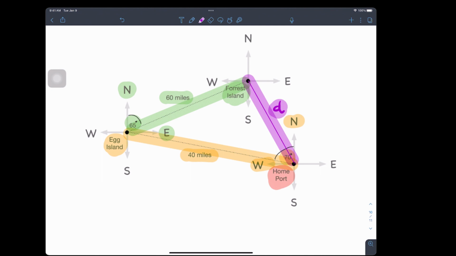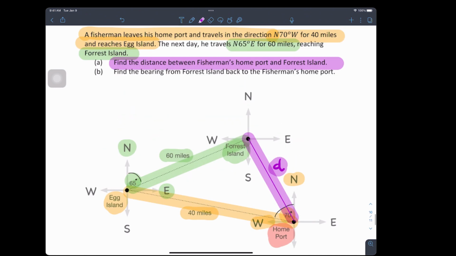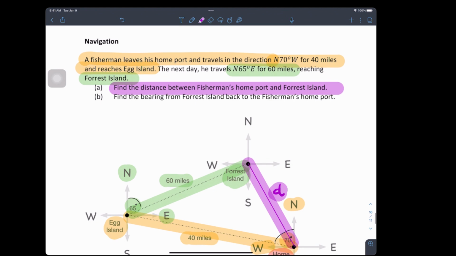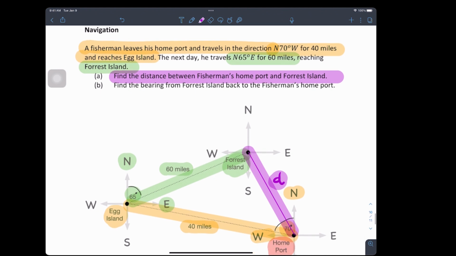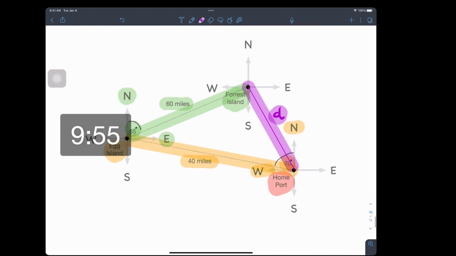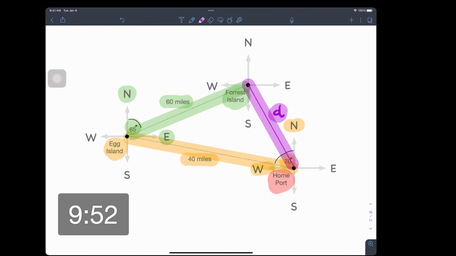See if you guys can figure this out. Let's get out the clock and see if you can answer that kind of question. And if you finish, then go to question B, find the bearing back home. How do you get back home? Okay. So I'm going to give you guys some time for this question here. See if you can get D. All right. There you go. Let's do that.